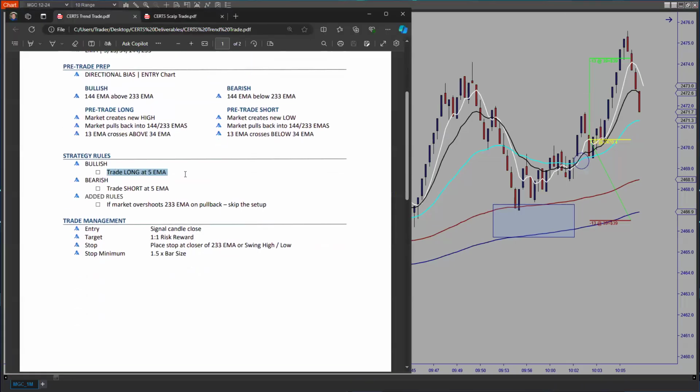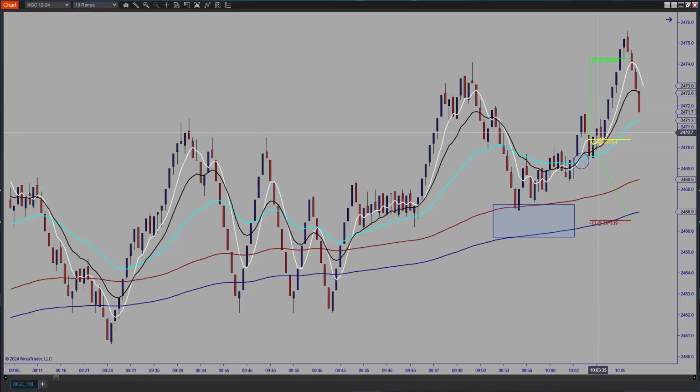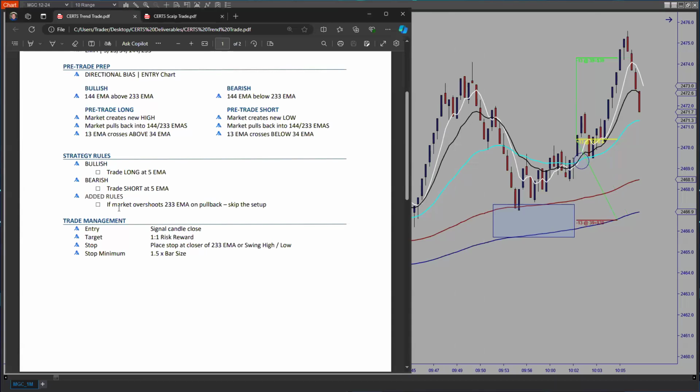At this point, we're trading long off of the 5 exponential average. And now, assuming this kept going, we're going to keep trailing off of the EMA until we get a tag. So let's say if we were here, that would be where we got the trade. We're going to come back to that concept as we go forward. We'll definitely cover that.